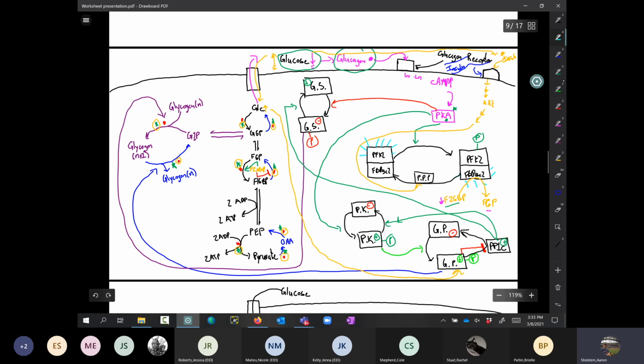This is why you have to really watch out for this, but this is going to then take fructose 6-phosphate and make fructose 2,6-bisphosphate. And then that's going to come here, activating glycolysis.